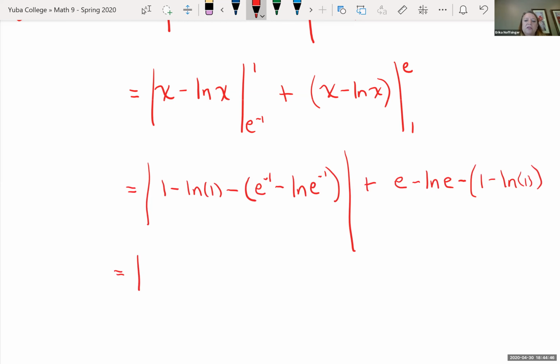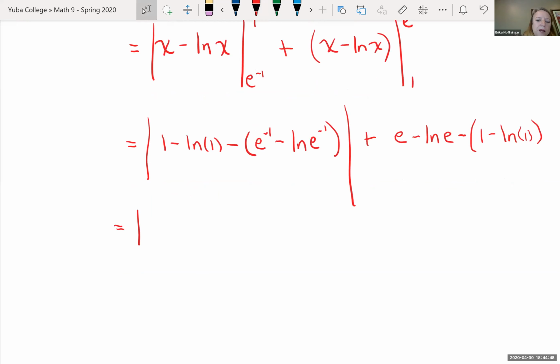Okay. So this gives me 1 minus, well, the natural log of 1 is 0 because e to the 0 power is 1. And then we need to distribute this negative sign. So this is e to the -1, minus e to the -1, plus, okay, natural log of e to the -1 is just the exponent.